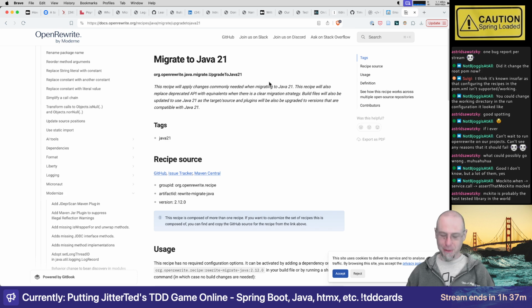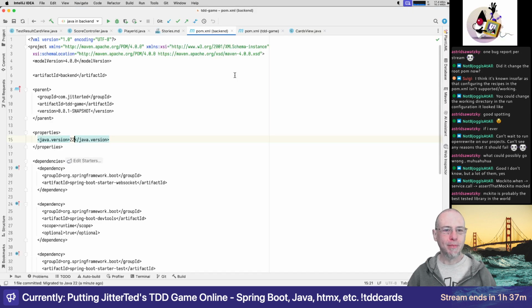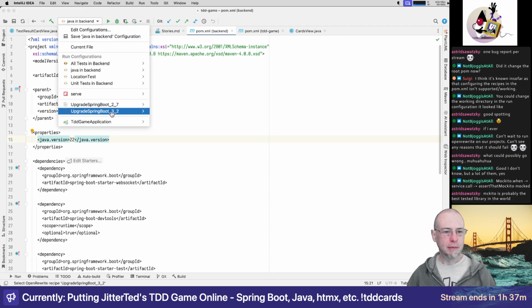My favorite, Mockito. Yes, Mockito is the best tested library. Let's see what it does for this. So let's go.